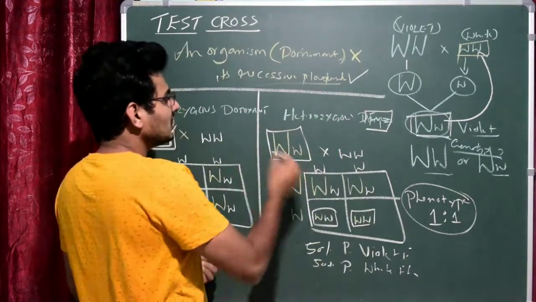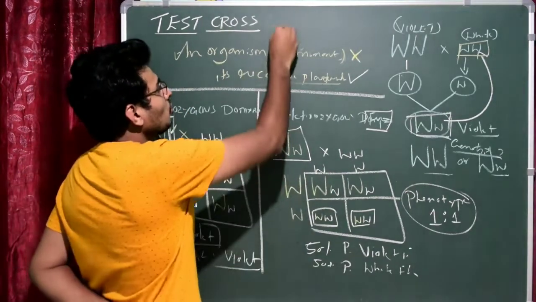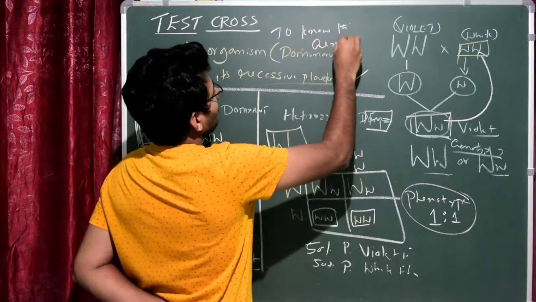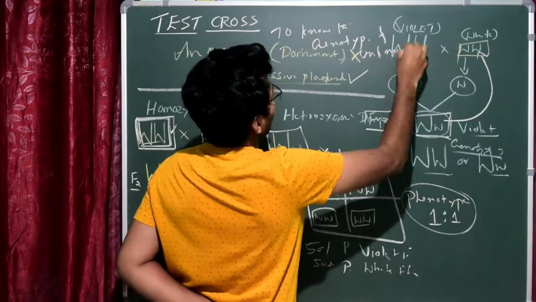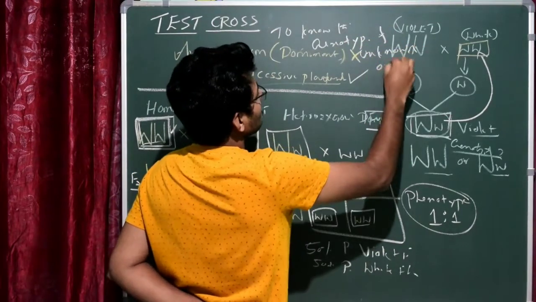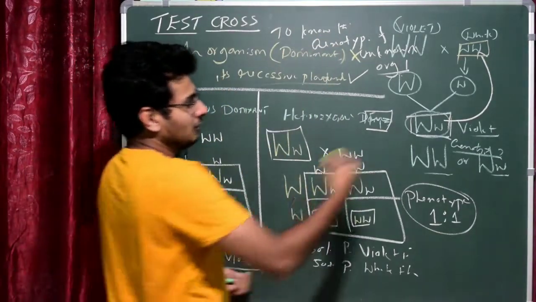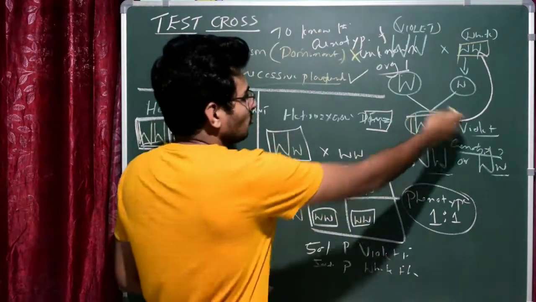What is the significance of test cross? See, finally we got the answer. Very simple. To know the genotype of the unknown organism, unknown plant or unknown organism. That's it. To know the genotype of the unknown organism, because obviously in the beginning we did not know what exactly is the genotype of this violet colored plant.